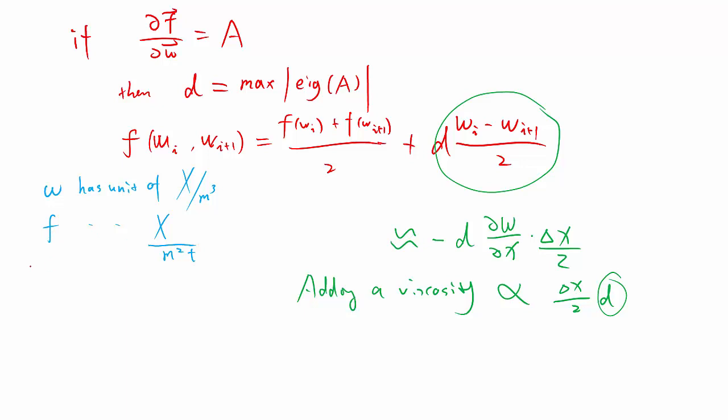So partial F partial W would have a unit of meter per second, since it's a unit time in seconds. It's a speed type of unit. D is like the eigenvalues of partial F partial W, so it has the same unit as partial F partial W. So D multiplied by W has the same unit as F.